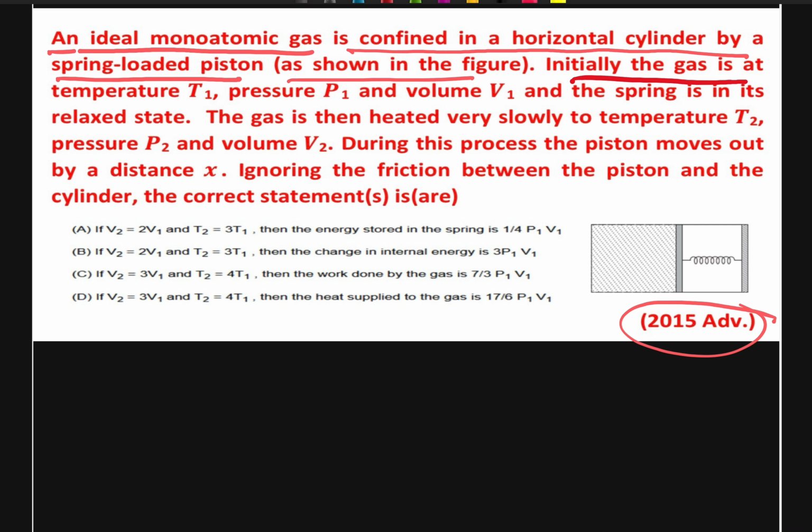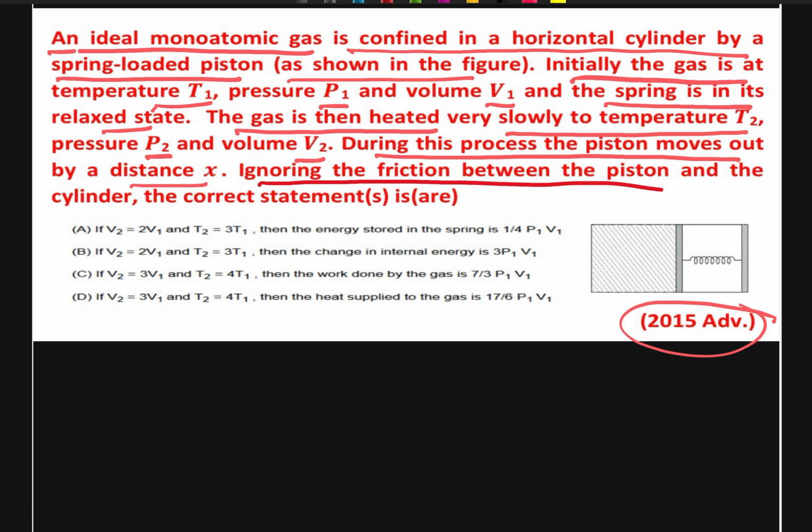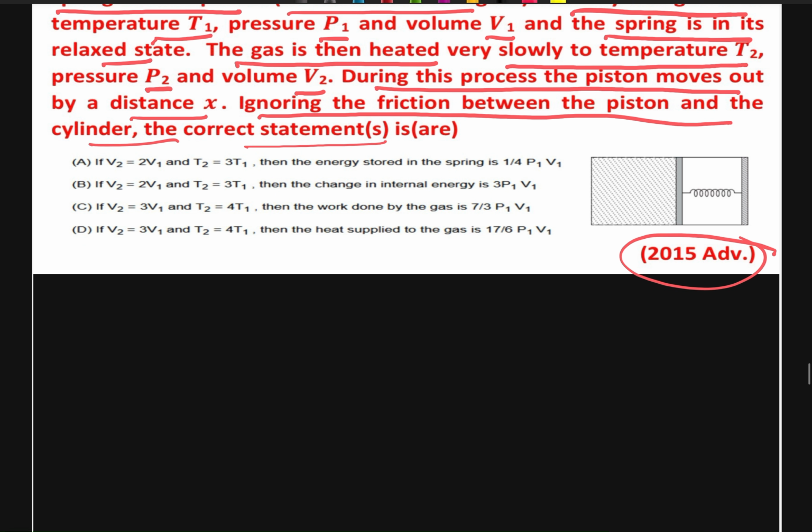Initially, the gas is at temperature T1, pressure P1, volume V1, and spring is in its relaxed state. The gas is then heated very slowly to temperature T2, pressure P2, volume V2. During this process, the piston moves out by a distance x. Ignoring the friction between the piston and the cylinder, correct statements are. So we have to find out.